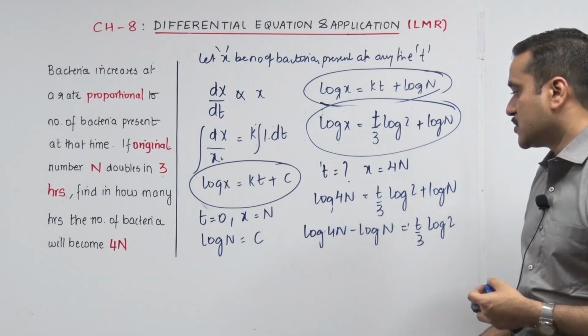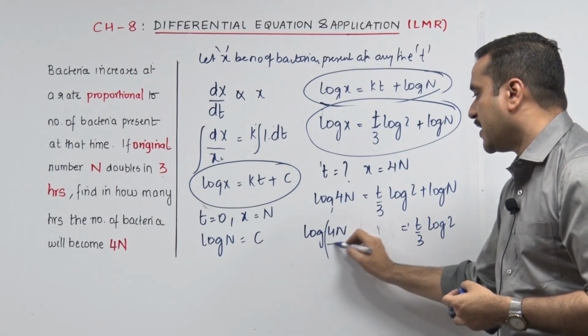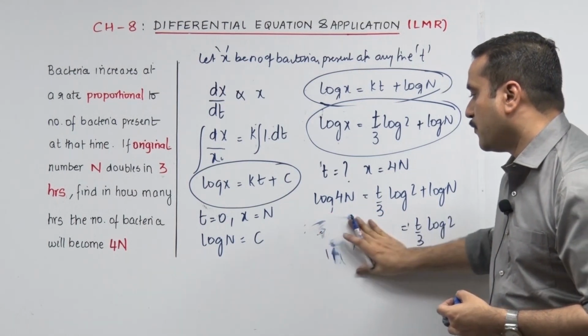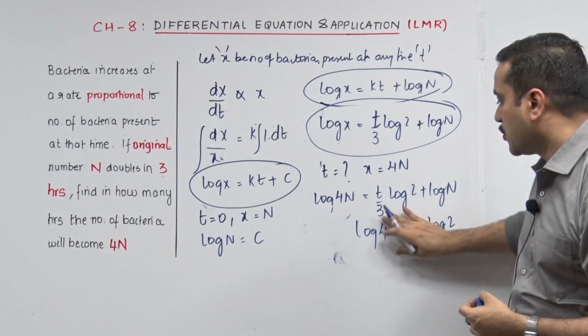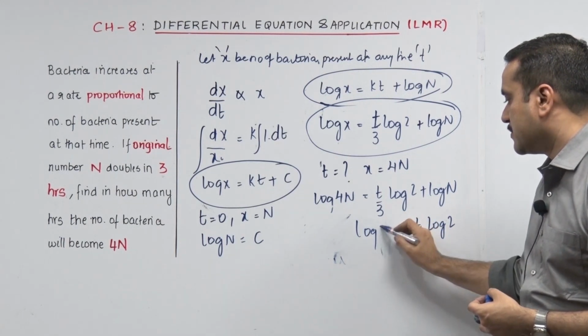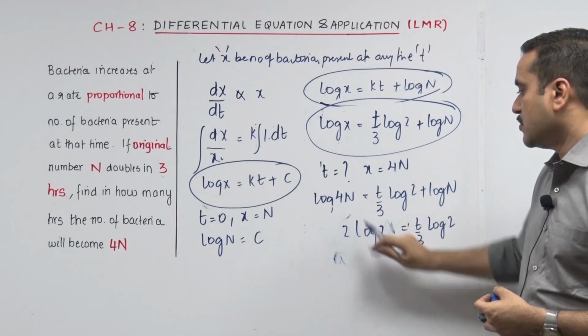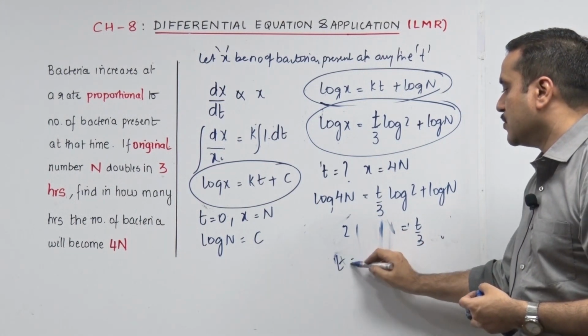And then log a minus log b, we can play it as log of a upon b, done. Your n gets cut, you are left with log 4, you saw that. Now log 4 you can write as 2 squared, I hope I am not doing it clumsily. The power falls down, you can cut your log 2 and then your t is equal to 6 hours.